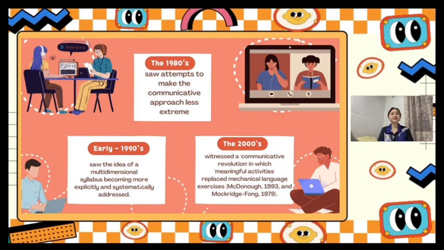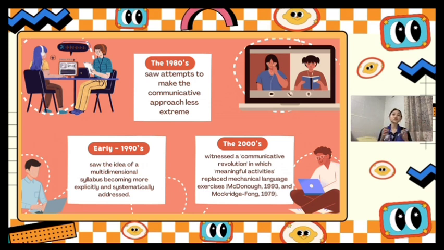Okay, so why is this even important? It's because before the 1990s, language syllabi often focused on either grammar and structure, the traditional approach, or real-world communication, the communicative approach, but not both. So the multidimensional syllabus aimed to bridge that gap by ensuring that learners develop both communicative competence and linguistic accuracy.